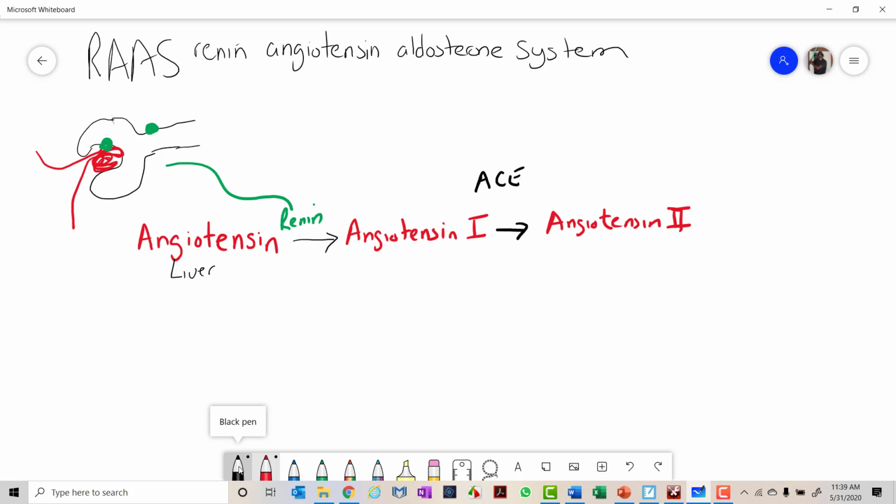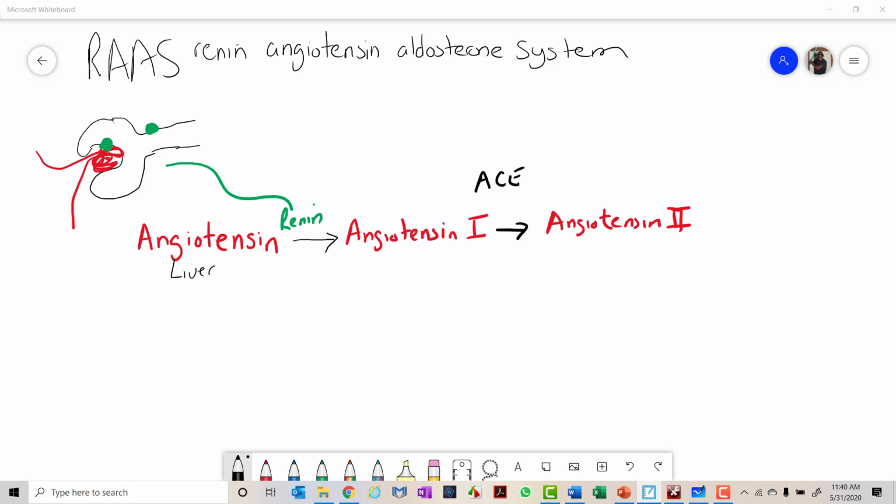So here's the process. Now this angiotensin 2, when it's created, it will have a direct effect on the blood vessels. So it directly impacts the blood vessels, causing them to constrict, and it increases the cardiac output, which allows the blood pressure to increase.